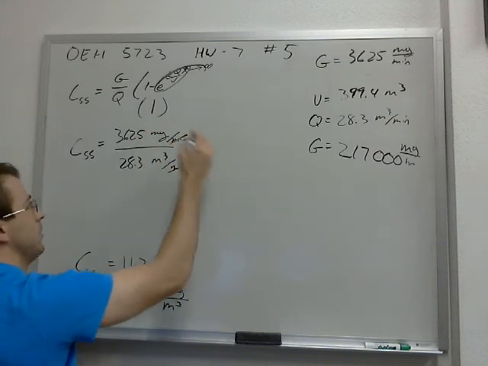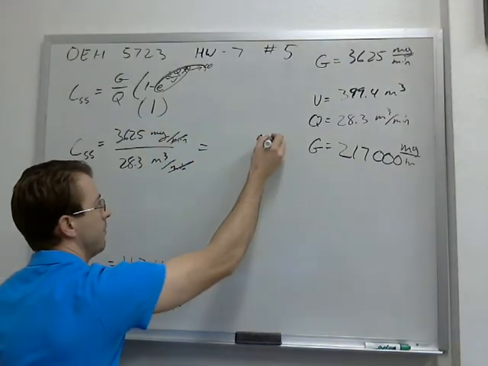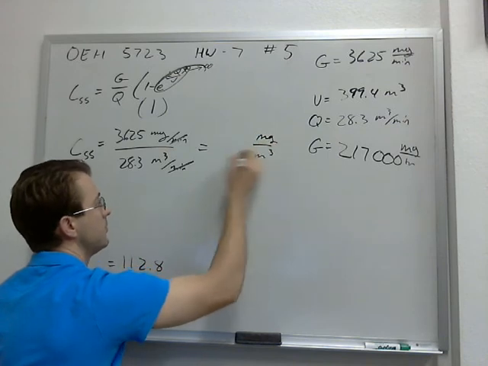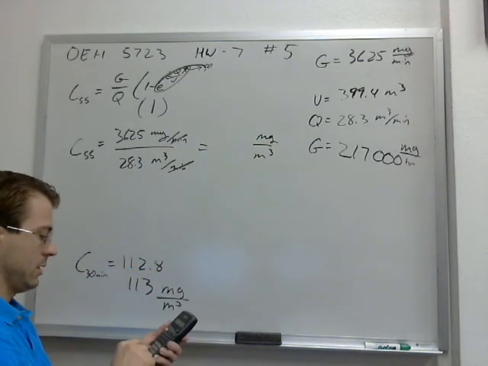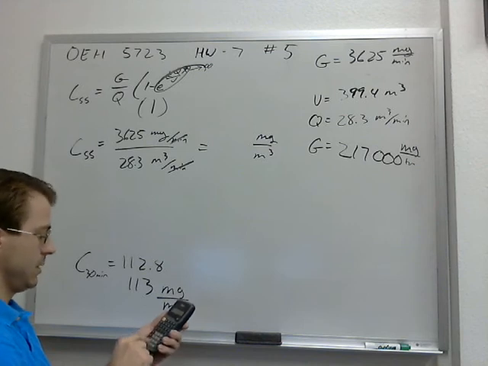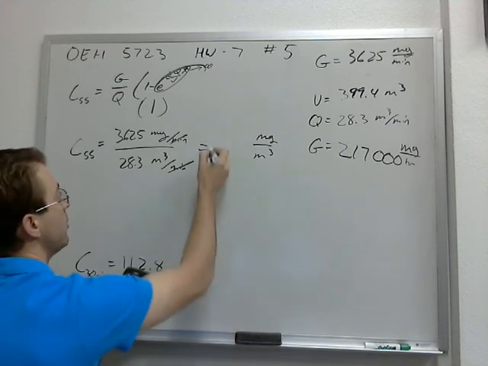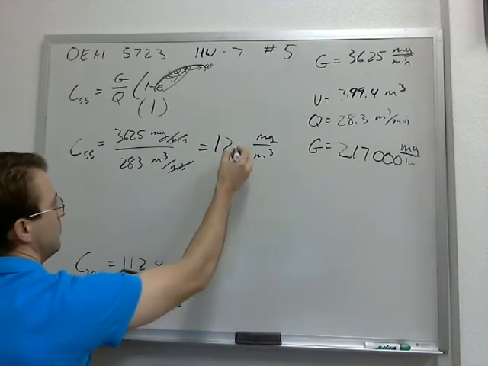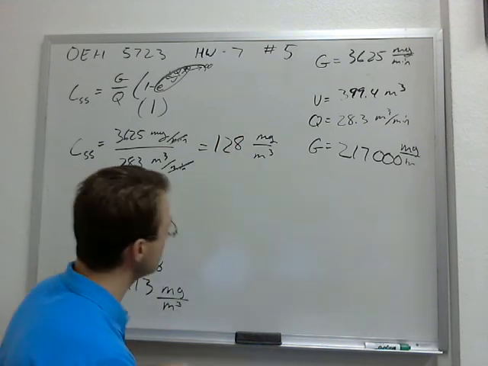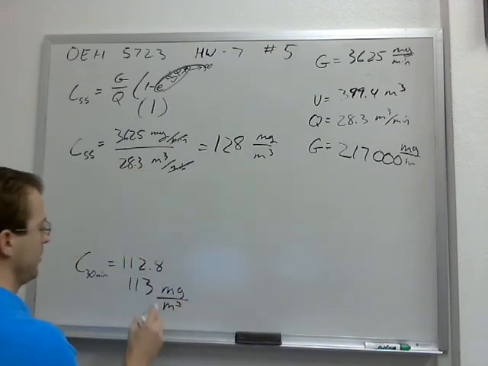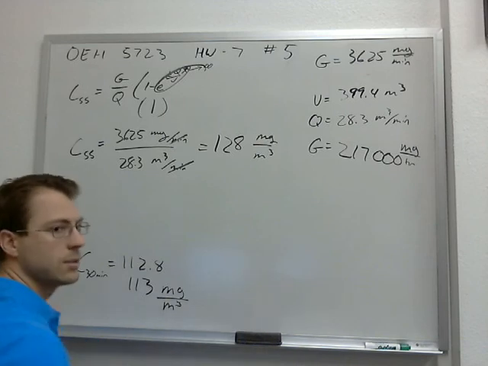Our minutes cancel, we're left with milligrams per cubic meter. And that's 3625 divided by 28.3. Oops. So 128.1. So 128 versus 113. So how does it compare?